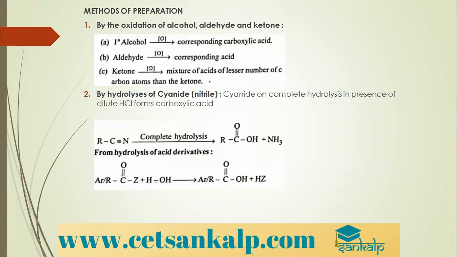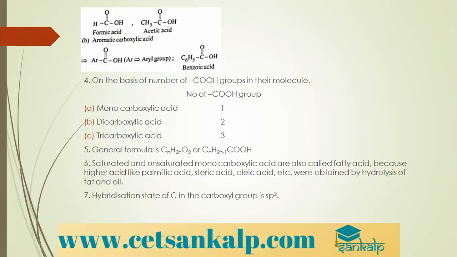We call it ethanoic acid, or very commonly acetic acid. Even the carbonyl group can be attached to an aryl group. If it is attached to an aliphatic group, we call it aliphatic carboxylic acids. If it is attached to an aryl group, we call it aromatic carboxylic acids. And one best example is our benzoic acid.